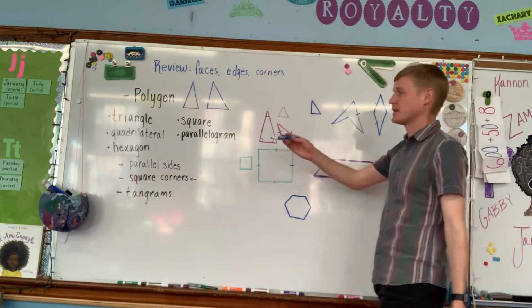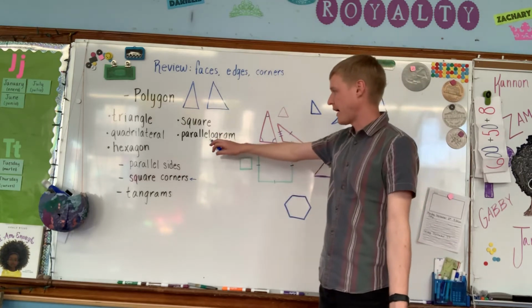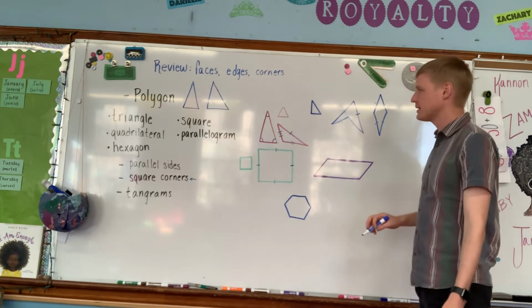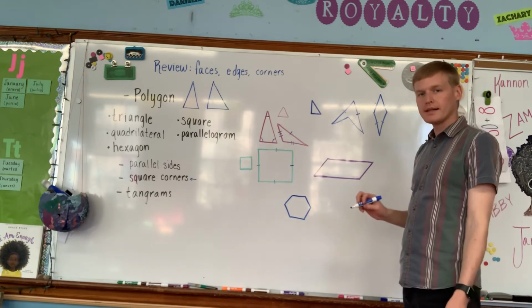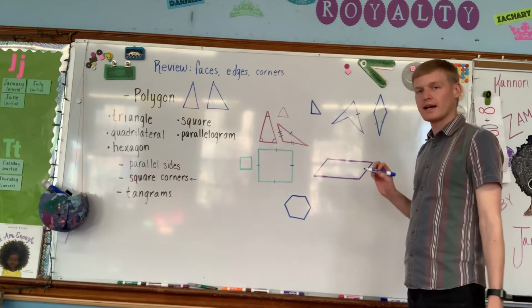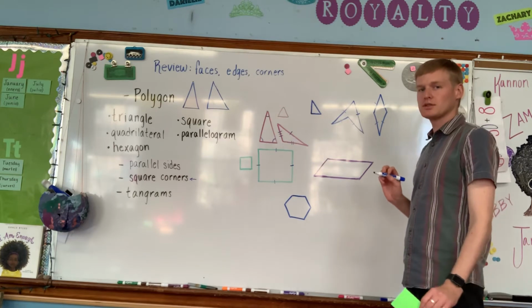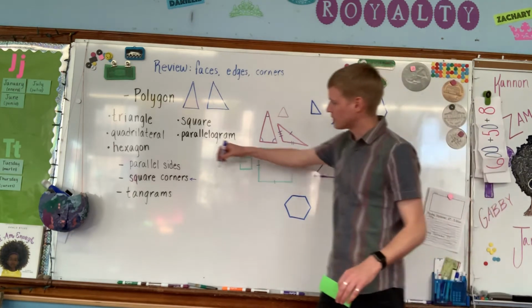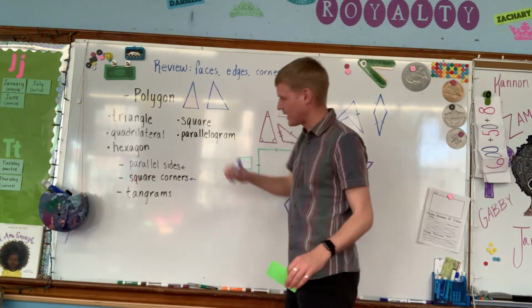So moving on to another quadrilateral, a parallelogram. A parallelogram is a polygon that has 4 sides, and two sets of the sides are parallel. So here's this word, parallel sides.